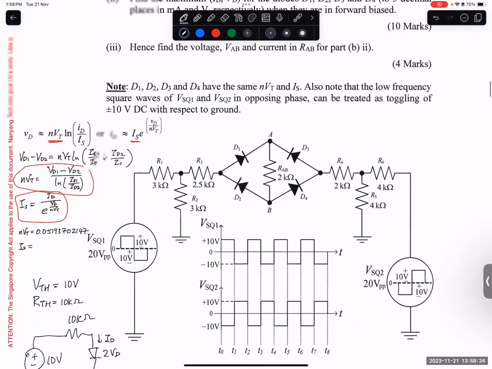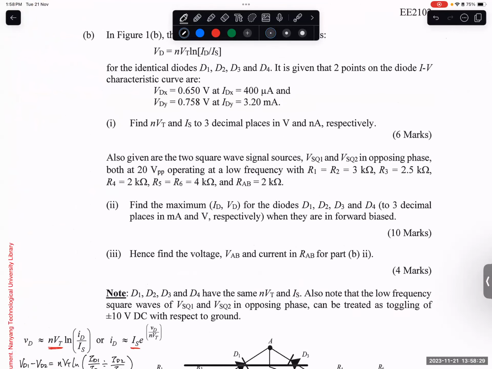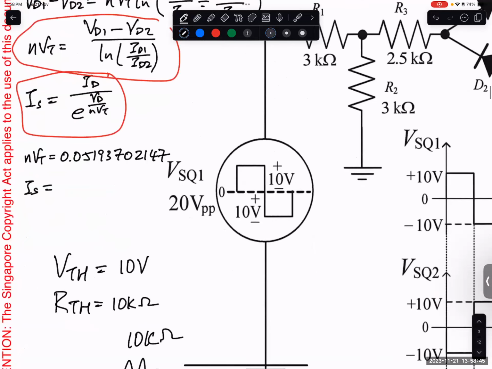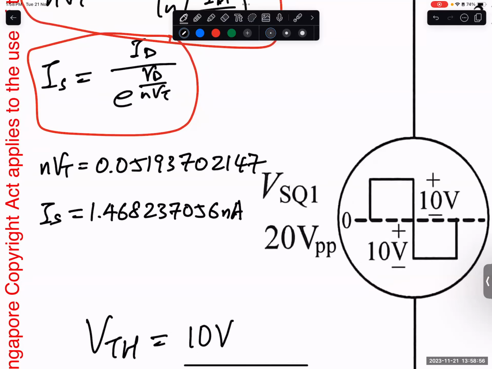ID on top, so we use the equation: ID is, let's say we put 3.2, divided by e to the power of VD, which we take as 0.758, divided by NVT, which is in nano. You should get nano; if it's not nano, you're wrong already. So IS is 68237056 nano. These are the two values that we got already.